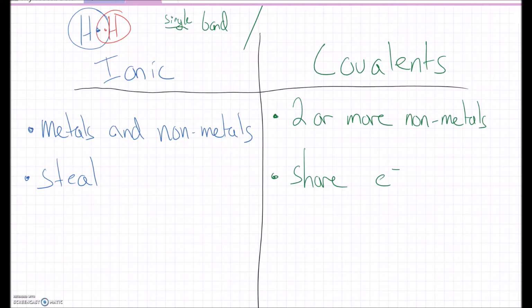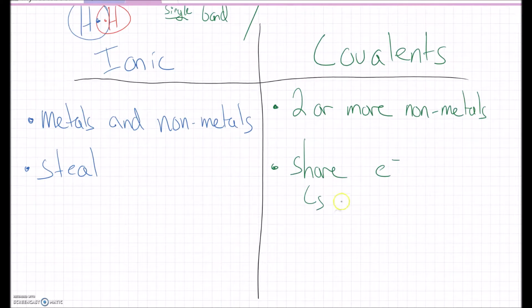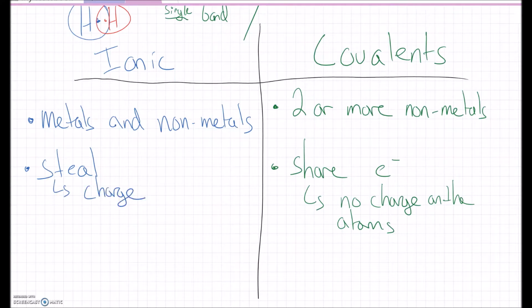So by sharing electrons, you don't create a charge. So there's no charge on the atoms for covalent bonds. When you steal electrons, you create a charge.